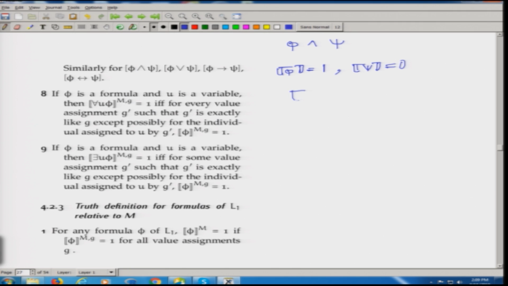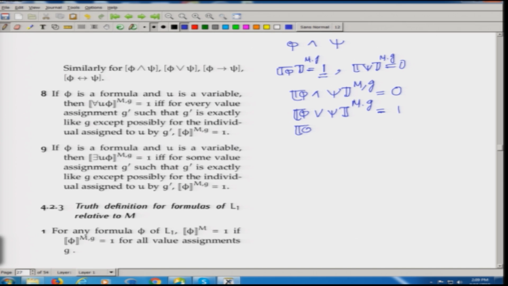In that case, the denotation of phi and xi with respect to m and g, of course, I forgot to add, we have to add this every time, will be 0, because in order for this to be 1, both have to be 1, but since this is 0, it will be 0. And the denotation of phi or xi will be 1, because in order for this to be 1, at least one should be 1, and phi is 1, therefore it will be 1.